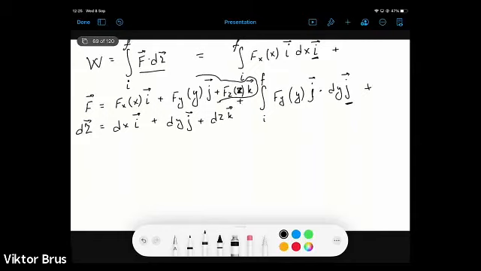We have force vector and displacement vector, and dx times unit vector, it is displacement. So it stands for displacement, and we integrate along this displacement. So we integrate along axis x from initial to final point, and that defines our displacement along axis x. Here is displacement along axis y.